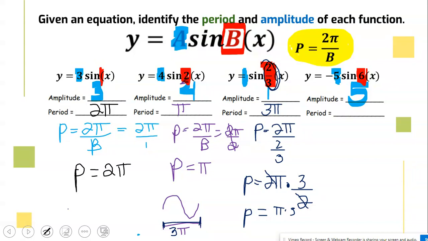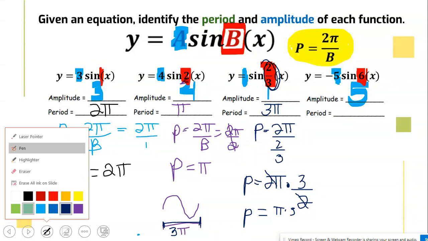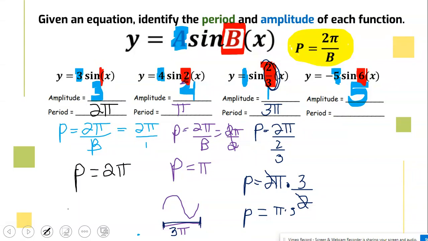Again, so this distance for that graph means it's 3 pi instead of just pi. And our last equation, right? We've got P is equal to 2 pi over the B value, which just represents how many cycles of sine are in 0 to 2 pi. And the B value is found right in front of the x in our equation, right after sine and right before x.